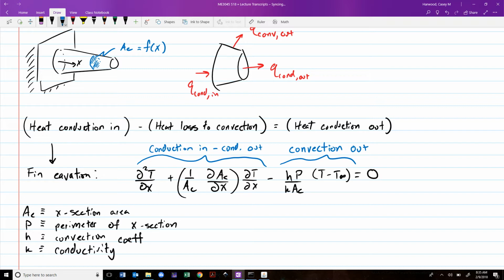So all it's doing is bookkeeping. It's telling us that heat is flowing into this extended surface from the base, and for every little length along that extended surface or fin, some of the heat is being shed by convection to the surrounding air, and the rest of it is being kicked on down the length of the fin.